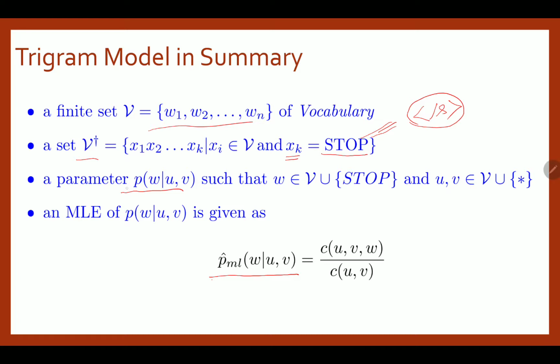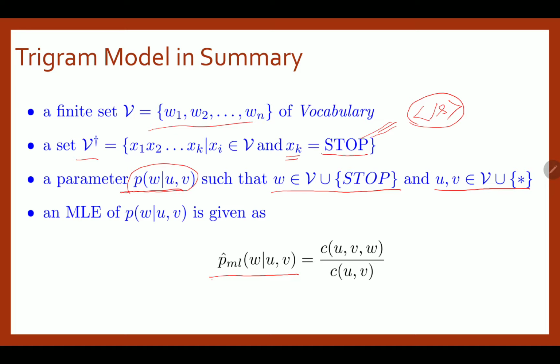And then the only parameters here are these probabilities, p of w given the previous two words u and v, such that w comes from the vocabulary V union the stop symbol, and u, v come from V union star.